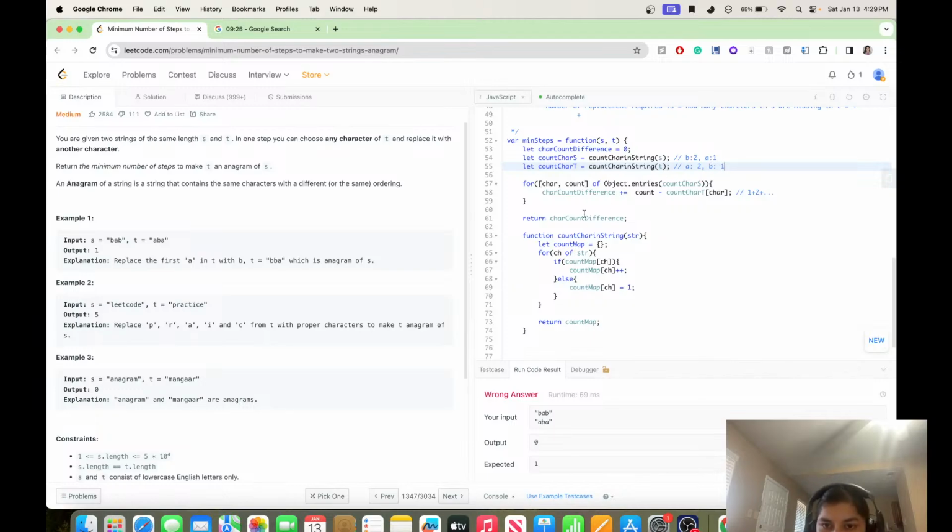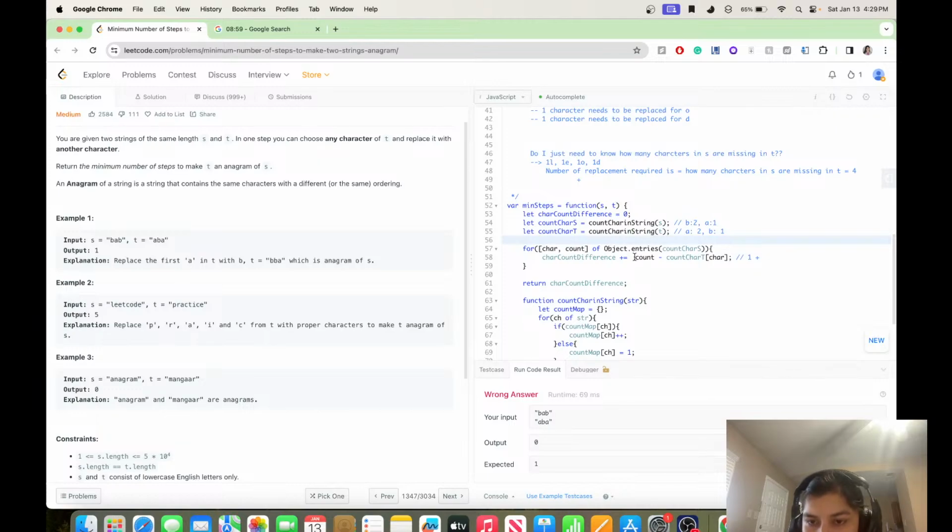So this one will give me B is 2 and B is 1. It will give me 1 in the beginning. Oh yeah, I did not actually think about this, because sometimes it will be 1 minus, yeah, I did not think about that. Sorry about that.